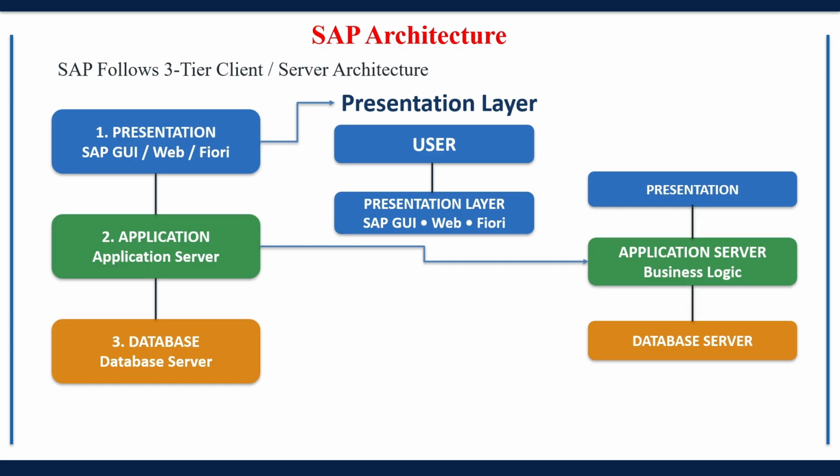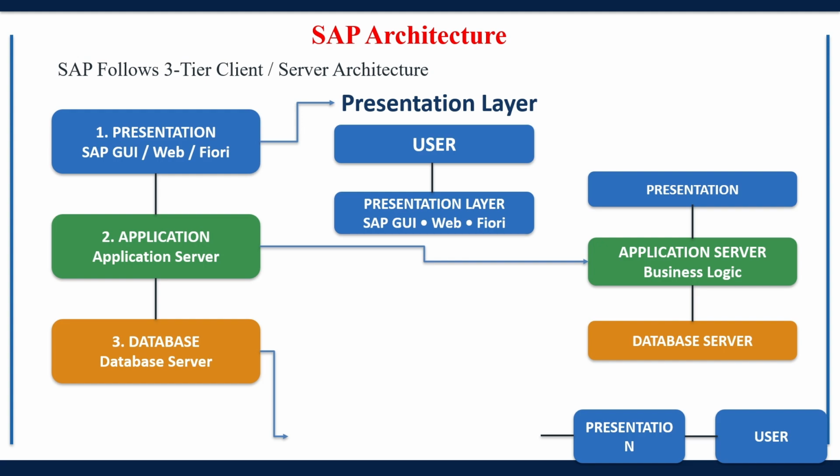So when the presentation layer sends a request to the application server to get data from the database server, the application server sends the request to the database server, gets the data as a response, and sends the response to the presentation layer to show the user. Here we will see the overall SAP architecture.